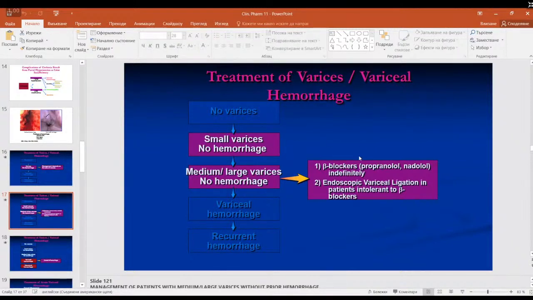But also, we use beta blockers in terms of the chronic treatment of non-bleeding varices, like propranolol. And propranolol is a non-selective beta blocker, which is with a shorter half-life.